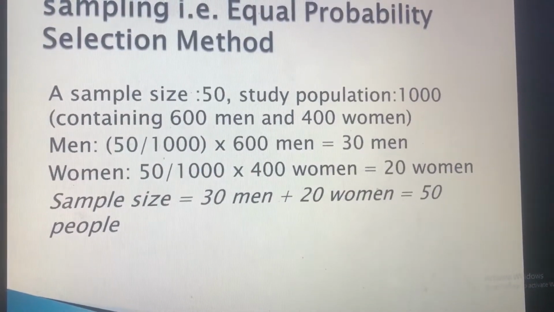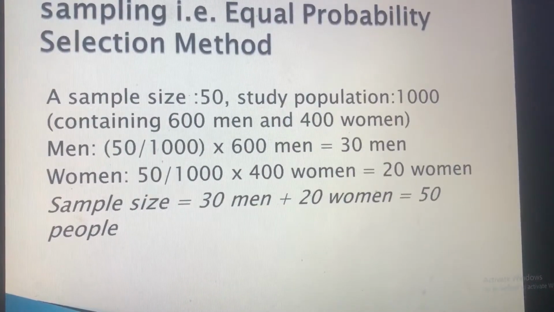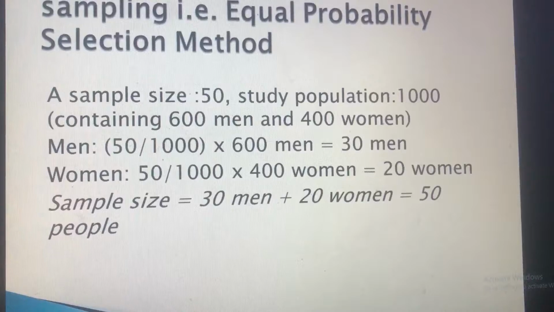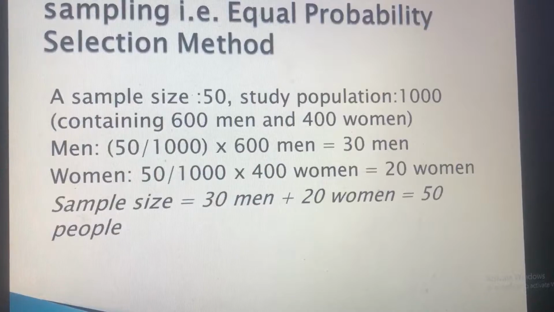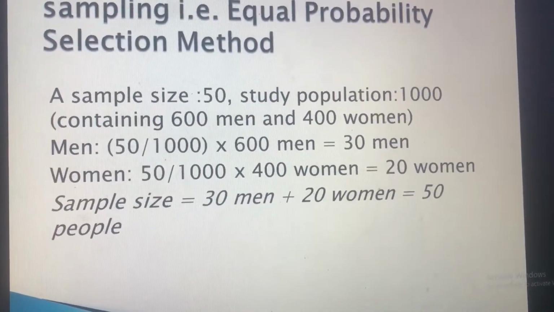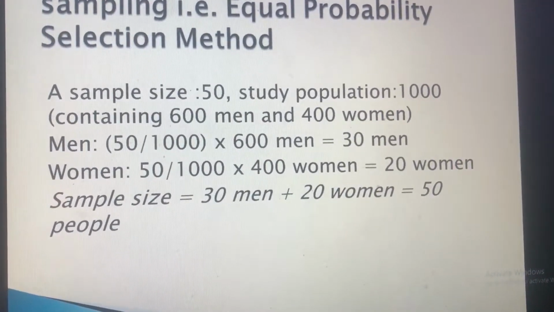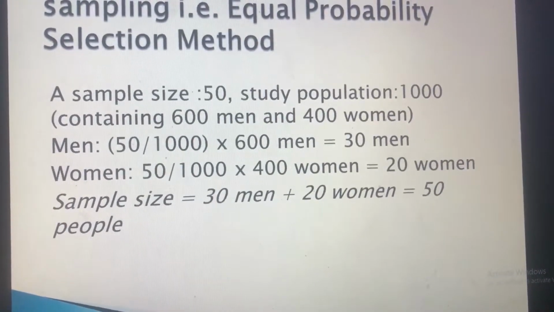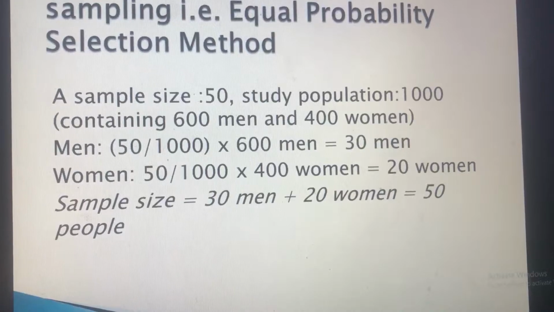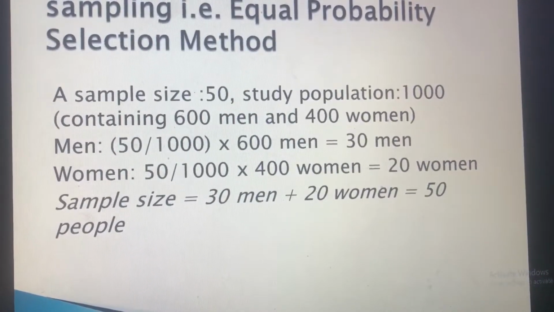For the women also, we take 50 divided by 1,000 times 400 women, and the sample size of the women stratum will be 20. When we take the samples of all strata, we will have the sample size of the whole population. This is what we see here: the sample size equals 30 men plus 20 women, equal to 50 people.